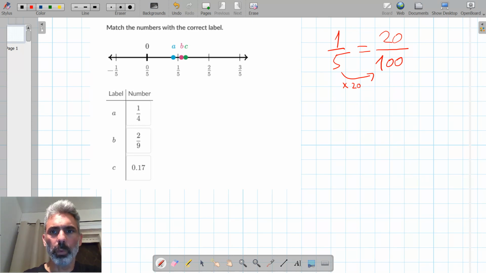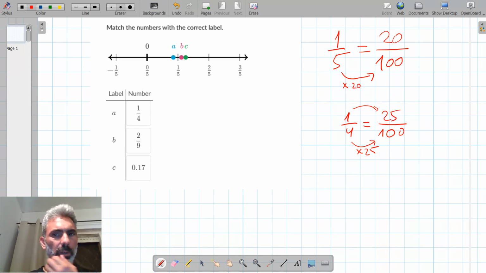Now, 1/4 in terms of 100, I need to multiply 4 times 25 to go from 4 to 100, so I need to multiply 1 times 25. So 1/4 is greater than 1/5.